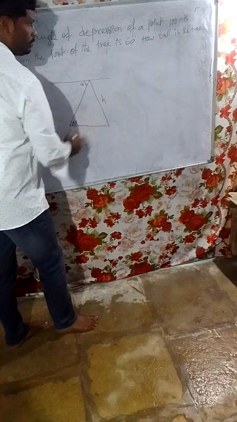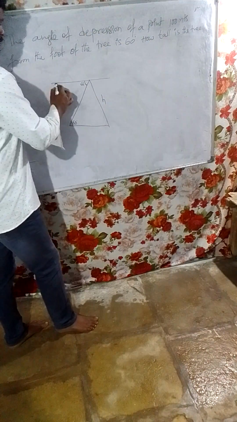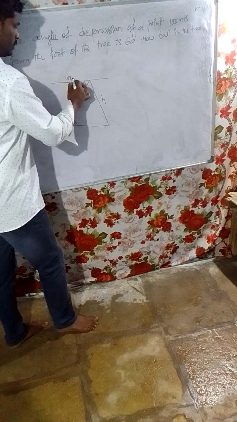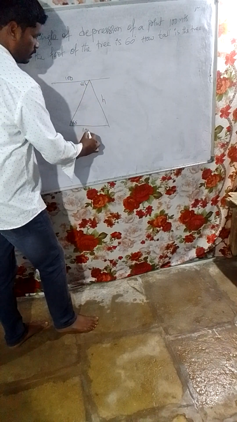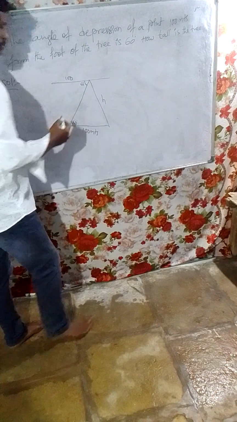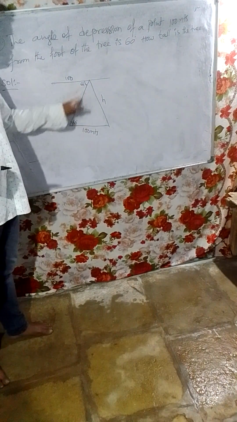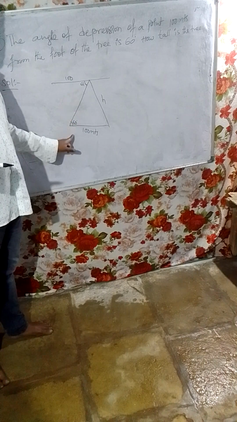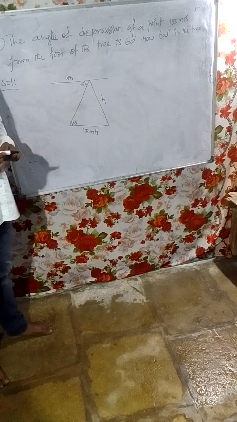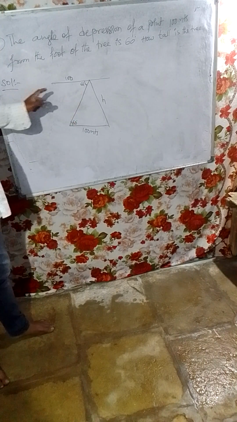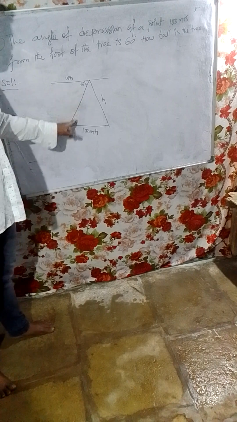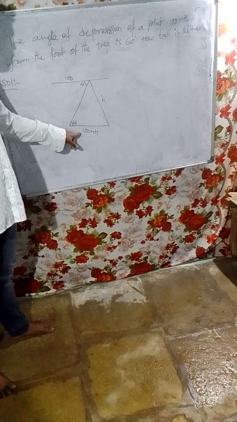Height we don't know. Here to here is 100 meters. Then parallel, here to here is 100 meters. This one is 60 degrees, this one is 60 degrees. Both are equal, both are the same, parallel.